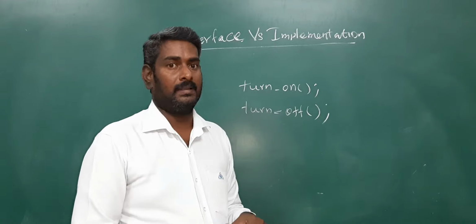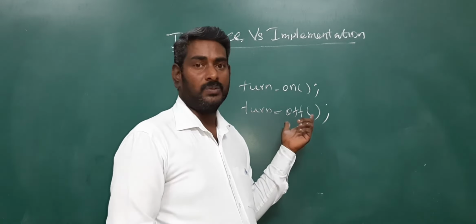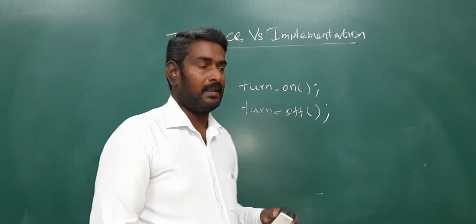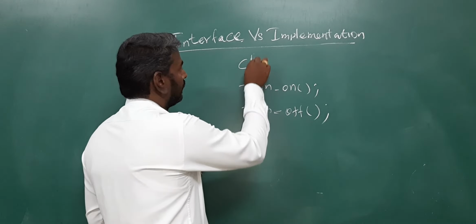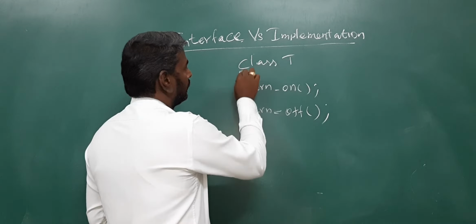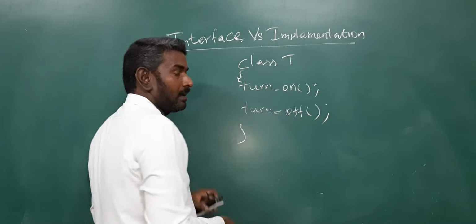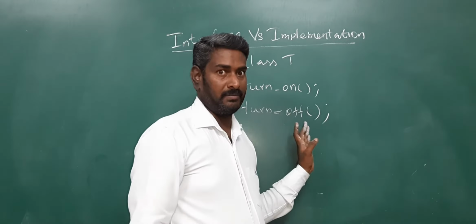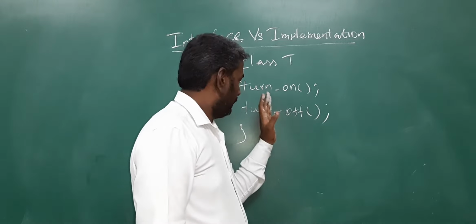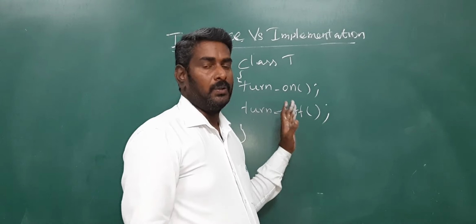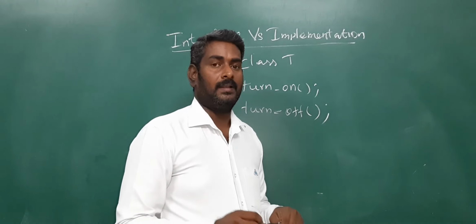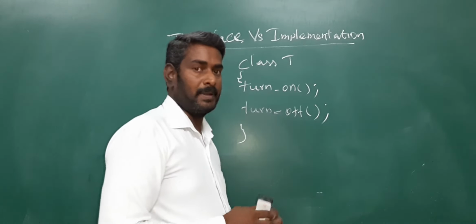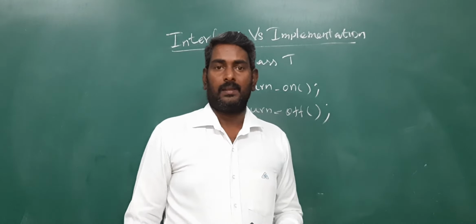Without interface, we can't use the function. Here, the class is called T. This class T has the functions turn on and turn off. If these two functions use the properties of the class, then it must be done by using the interface. That is the purpose of the interface.